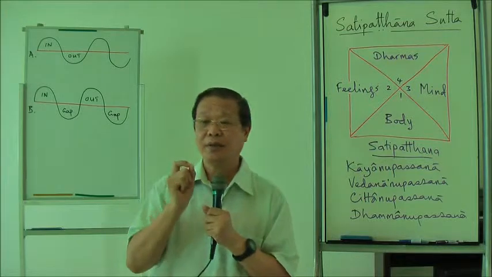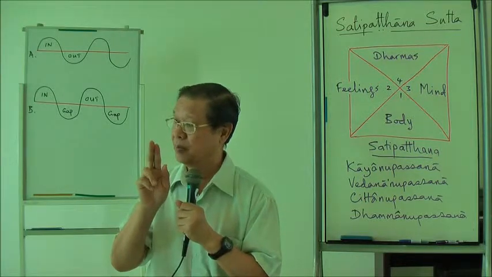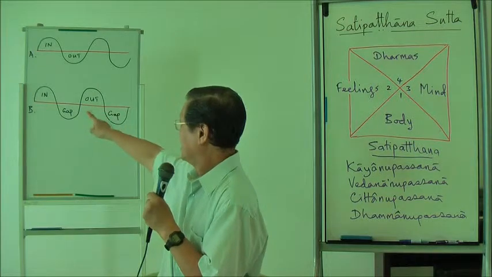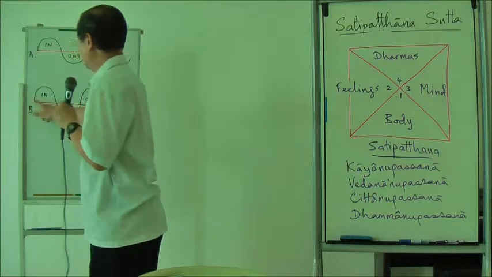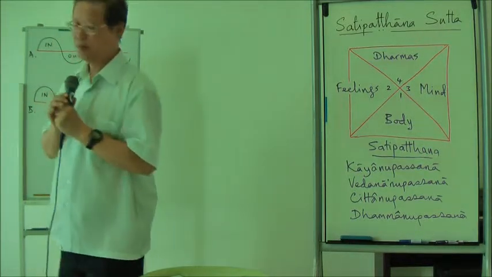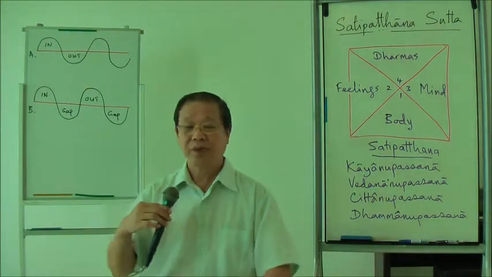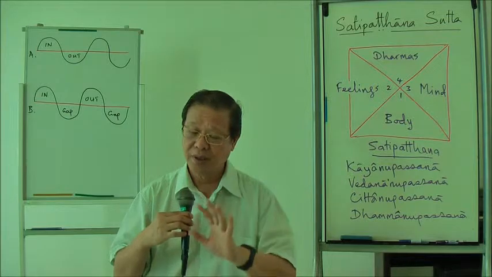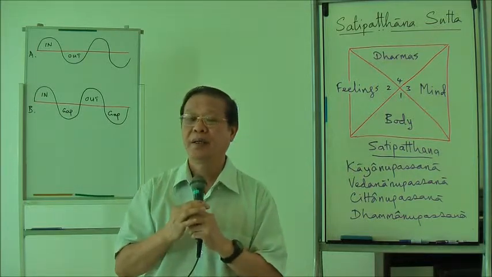And if you can do it even more detailed, then you watch the middle part also. So you have the beginning, you can see here, middle part, ending, 3 parts of the breath. That's even more detailed, yeah? But this one will take some time. When you are really calm, then you can notice the 3 points of the breath, okay?